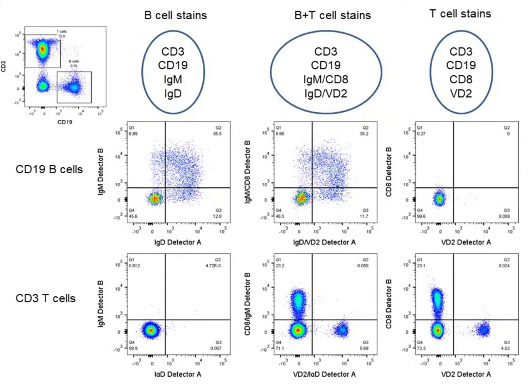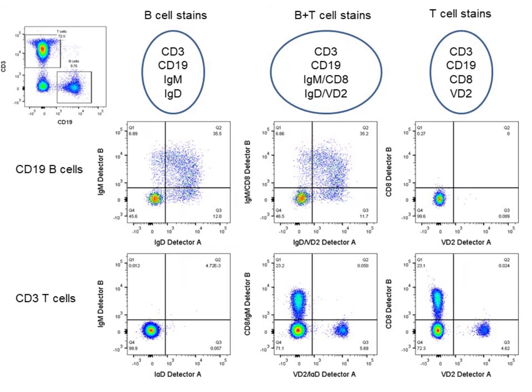So it really shows you that adding a CD8 and a V delta 2 in those channels does not affect the signal you detect, because you take the signal out by gating the CD3 out of the B cell stain.